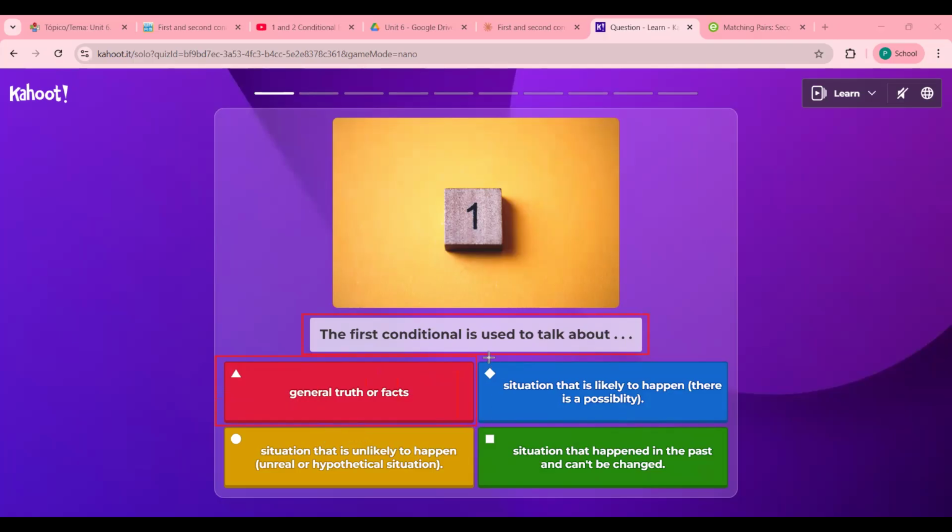Red, blue, yellow, or green? Yellow. Could you read it, my dear? Situation that is unlikely to happen, unreal or hypothetical situation. Okay. So with the first conditional, it is unreal or real.